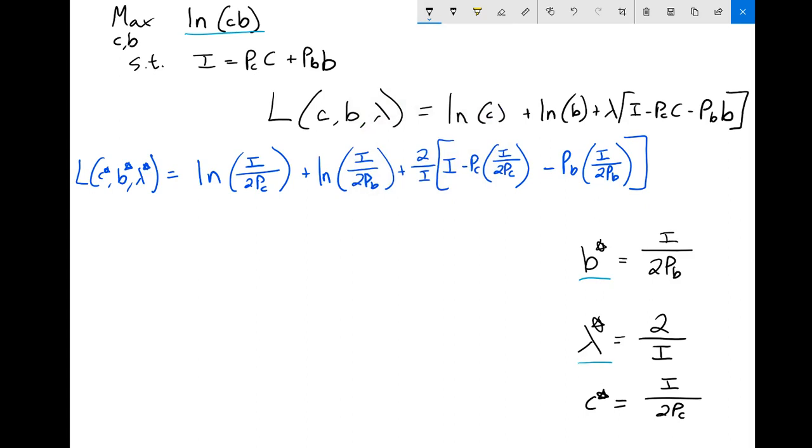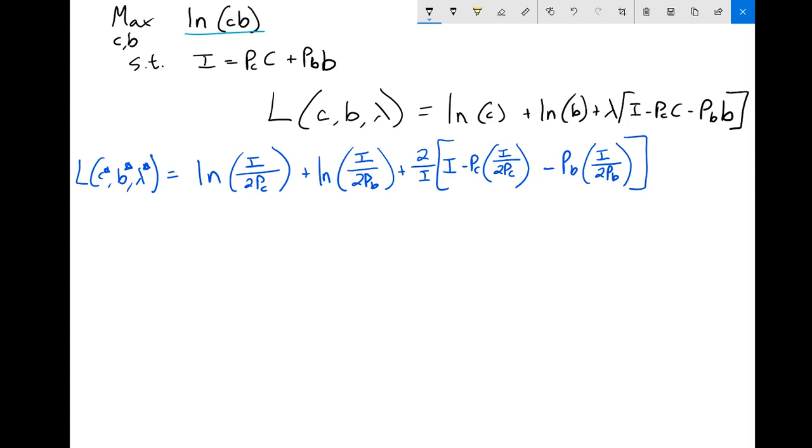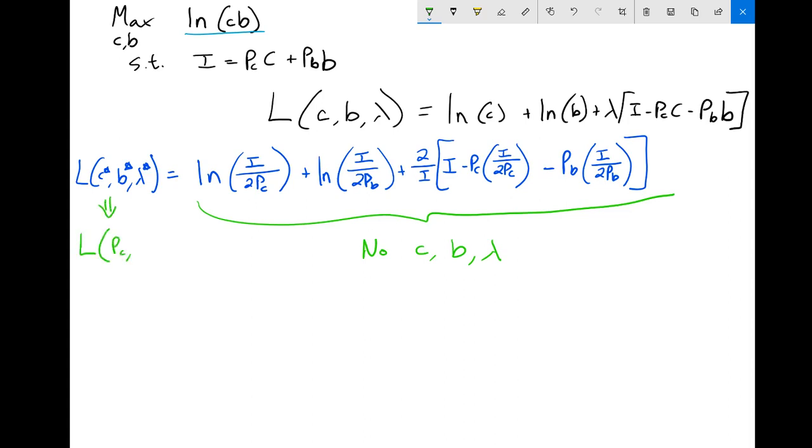Now, one thing that you're going to notice, actually, I don't think we need this anymore. Let's just get rid of this. Okay, so one thing that you're going to notice when you look at this function is that there's no c, no b, and no lambda, right? So this thing is only a function of the parameters. So that means I can rewrite this as L of pc, pb, and I. It is not a function of the variables.